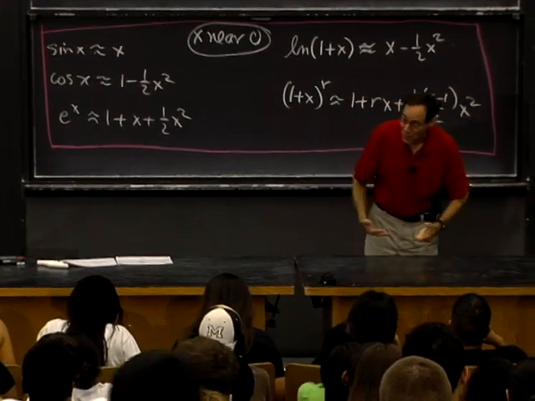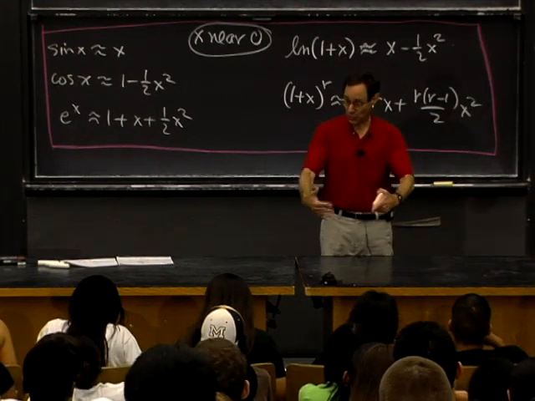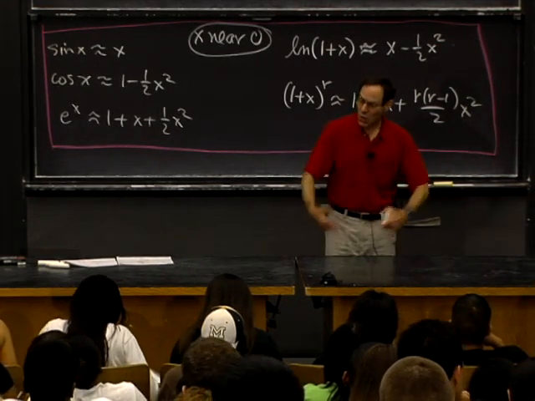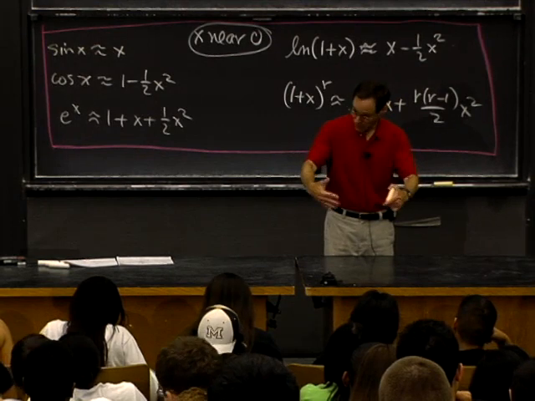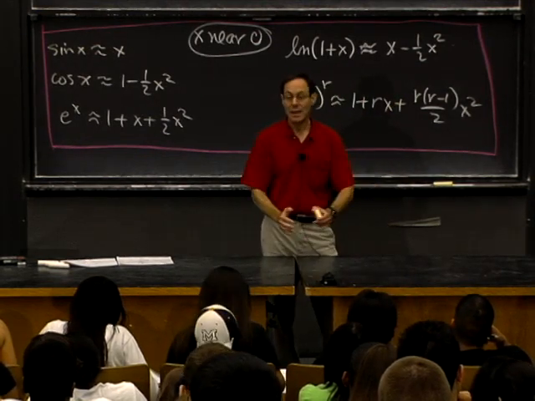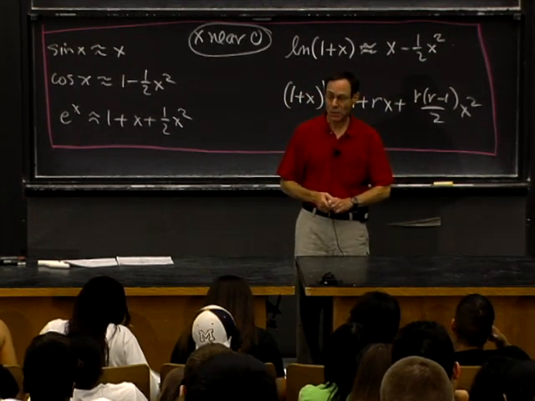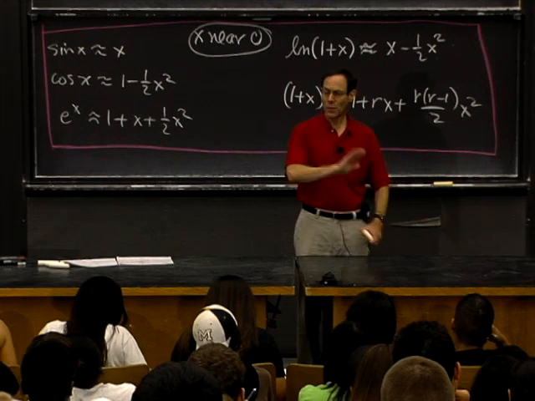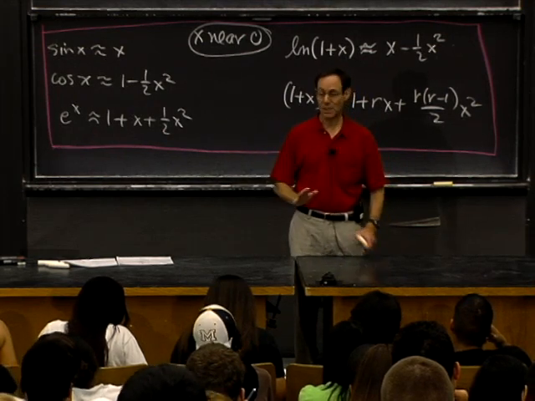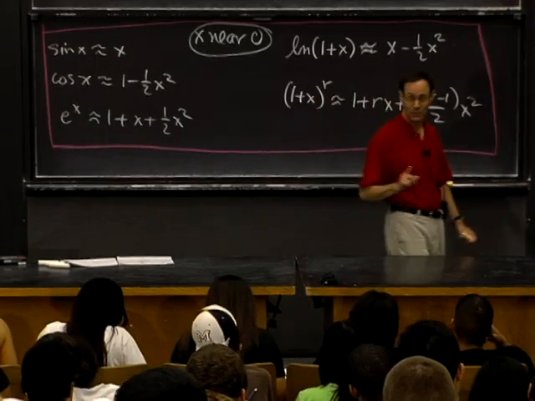When I give you a question, at least for right now, I'm always going to tell you. But as time goes on, I'd like you to get used to when it's enough to get away with a linear approximation. You should only use a quadratic approximation if somebody forces you to. You should always start by trying the linear one, because the quadratic ones are much more complicated, as you'll see in this next example.